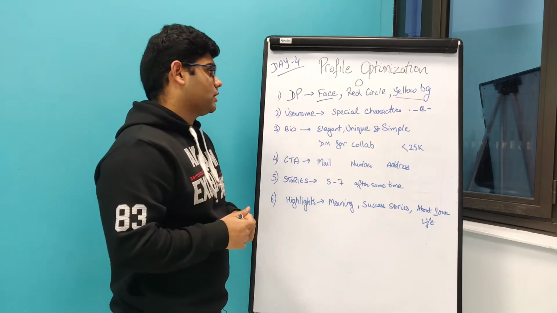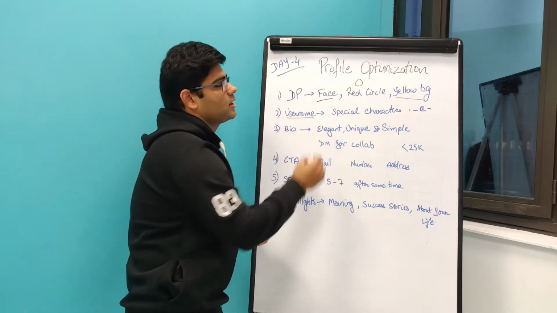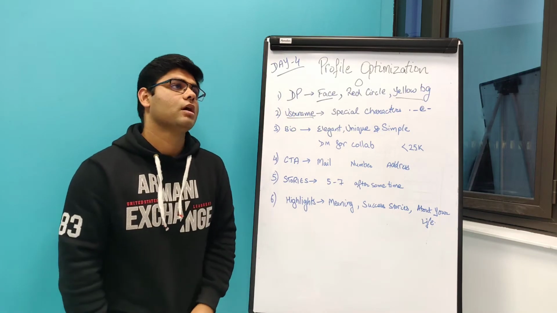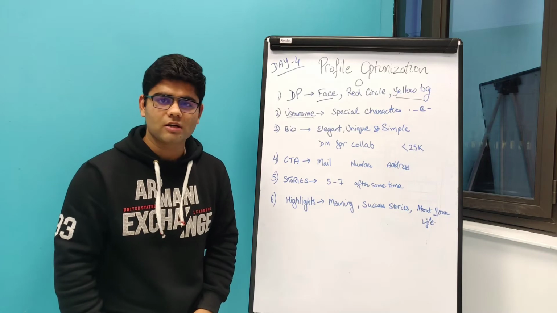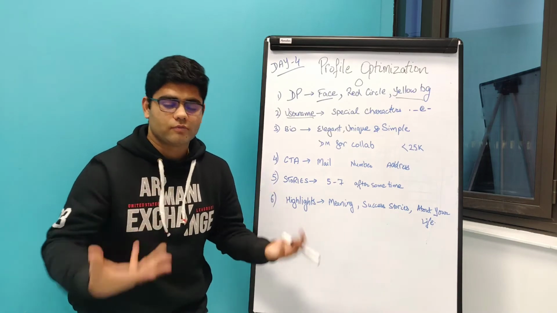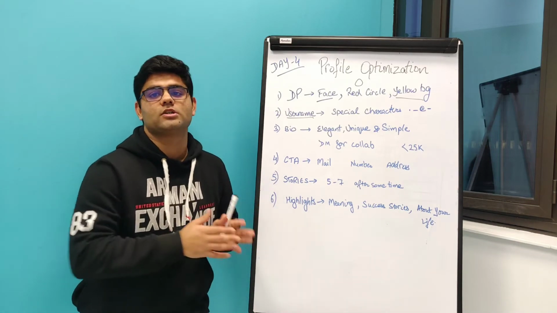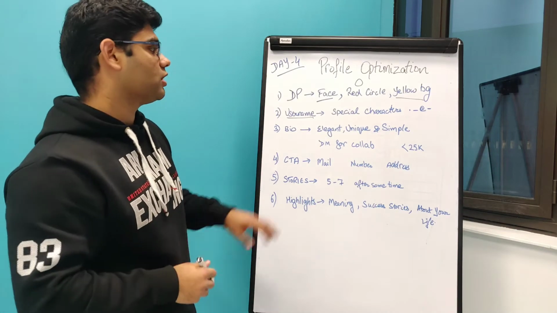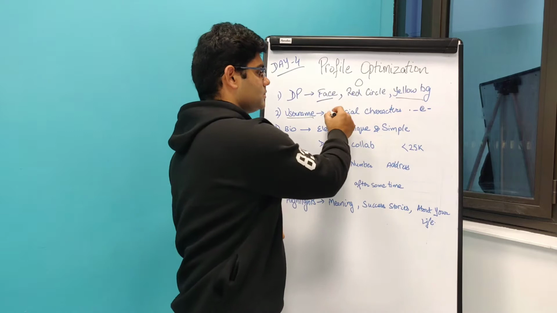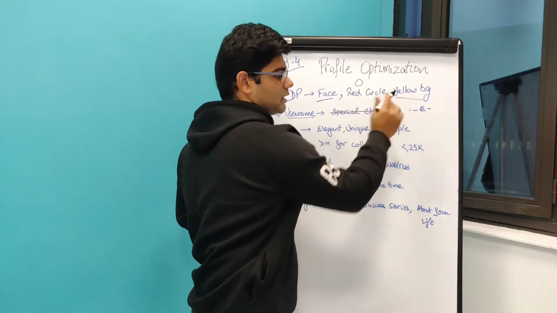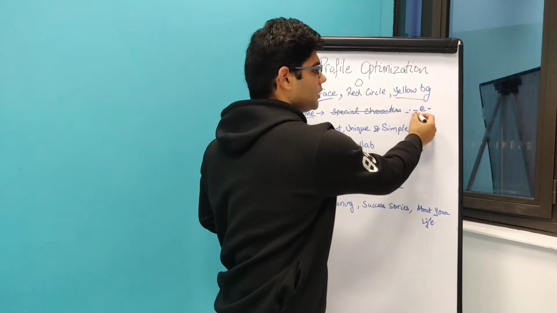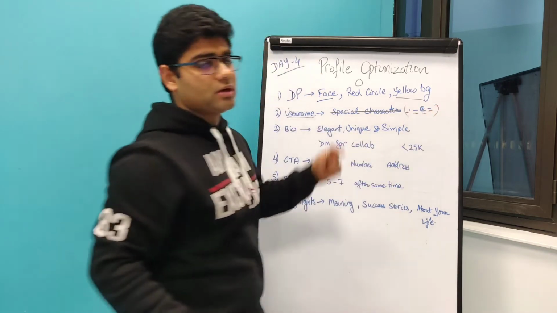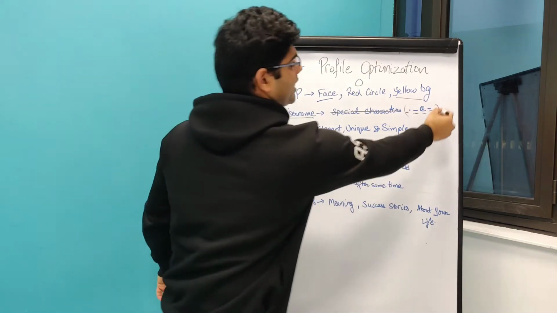Coming to the second part, it is the username. I have seen so many people using usernames like, giving an example, Ashu__Gandhi, right? That is a very bad username. You should avoid these special characters, for example ._@ and there are a number of special characters like slash and all.